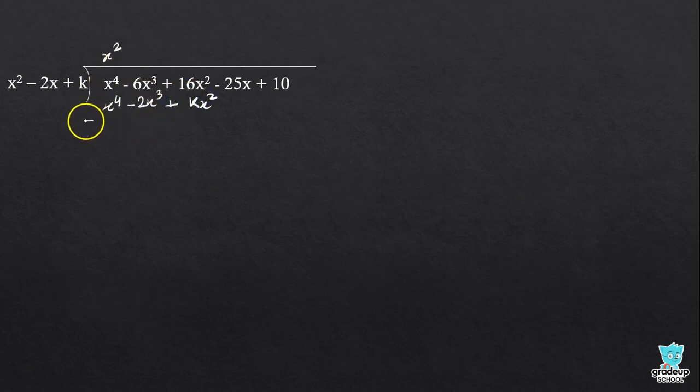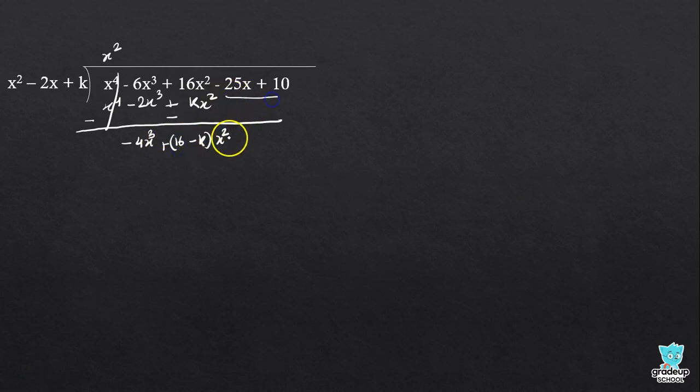So we subtract these two expressions. Like terms get cancelled out and we are left with -4x^3 + (16 - k)x^2, and we write the remaining terms as they are, -25x + 10.